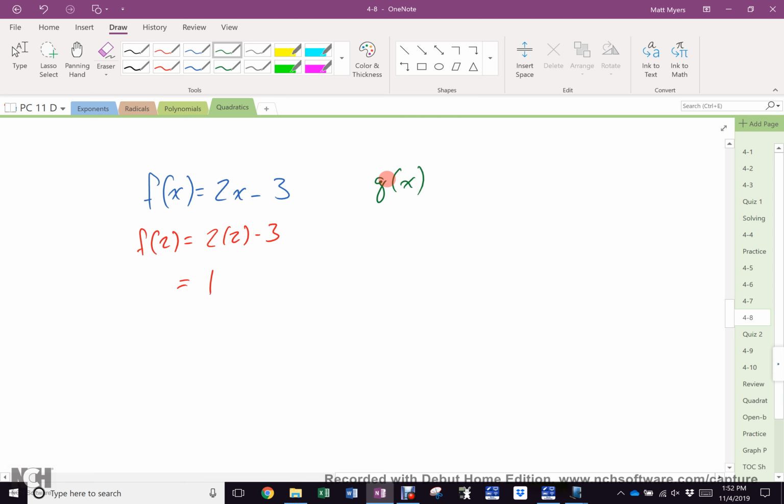Everybody remembers this? G of x is x squared minus 1. Still cool? Okay. So what then would be the g of 3? That would be 3 squared minus 1, which would be 8. Is everybody cool? Okay.